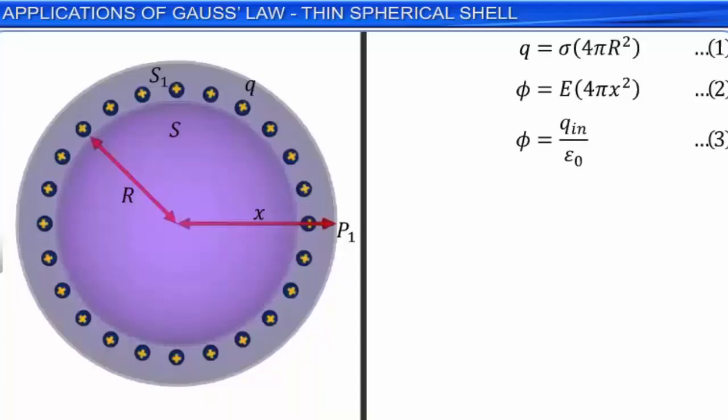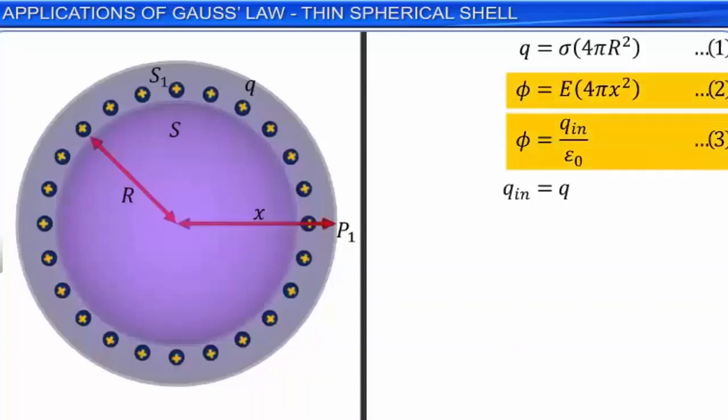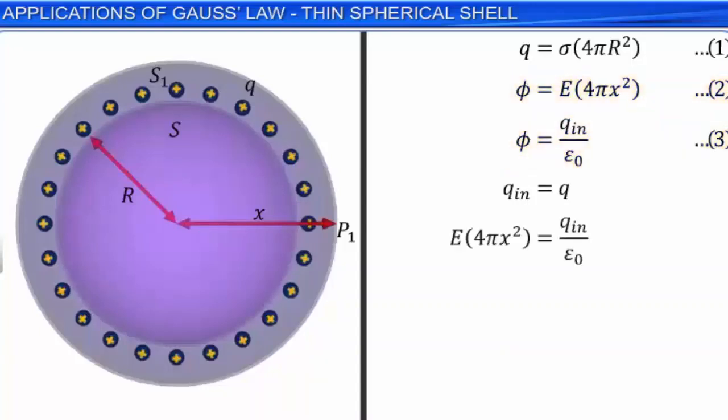Here, Qin will be equal to the charge Q on the spherical shell. From equations 2 and 3, we see that E into 4 pi x square is equal to Qin by epsilon naught. Substituting Q for Qin and simplifying this expression, we get the magnitude of the electric field E is equal to 1 by 4 pi epsilon naught Q by x square.